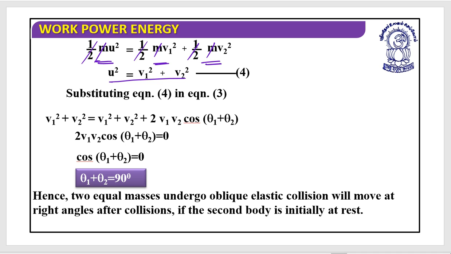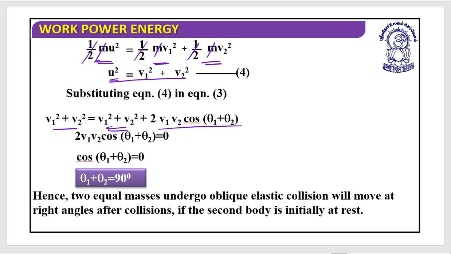Just substitute the value of this u square in equation number 3 that we have recently derived. So v1 square plus v2 square equals v1 square plus v2 square plus 2 v1 v2 into cos of theta 1 plus theta 2.